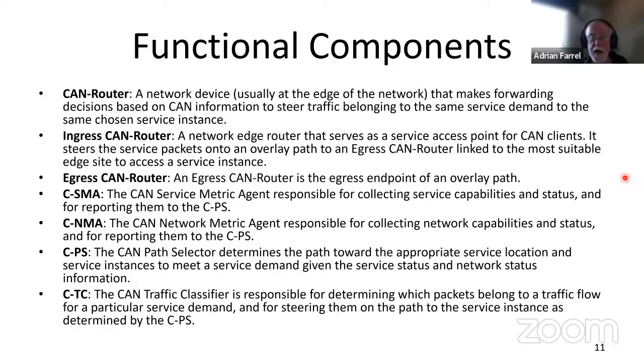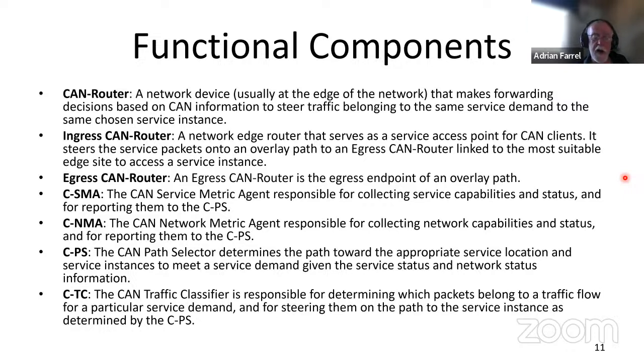So great, the path selector is the thing that is determining both the server to use, the service location, and the path towards that service location in order to meet the service demand. So it's looking at what's the service status, what's the network status, what's the demand, and what are the qualities of that demand as well. So what service do I want and how do I want that service? And it's putting all that together and doing a selection of what is the best path and server to use.